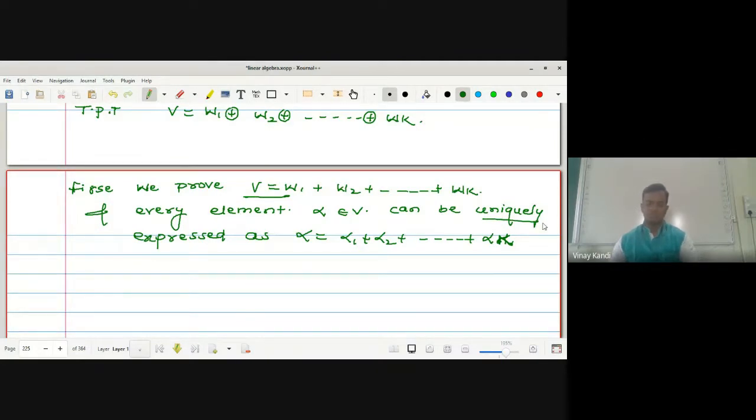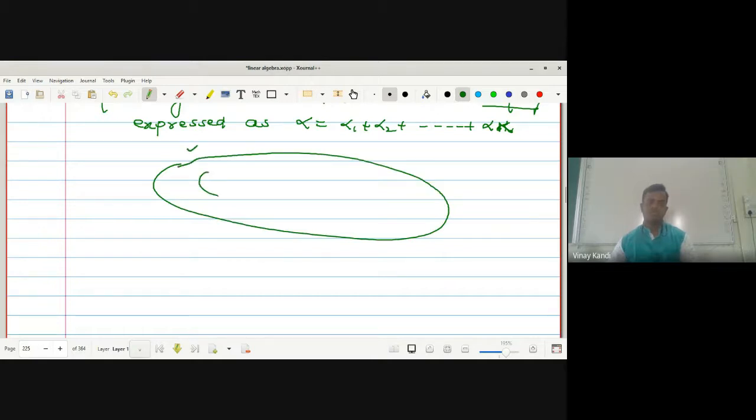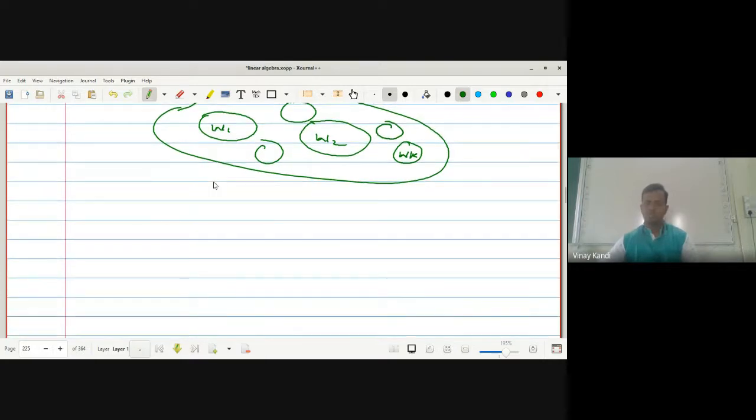Now suppose we have W1, W2, up to Wk. Suppose this is V, this is W1, this is W2, this is Wk, and so on. I gave a name W to their addition, the sum of all these spaces. I don't know whether the whole sum is V or not, so let us assume W is equal to W1 plus W2 plus up to Wk.